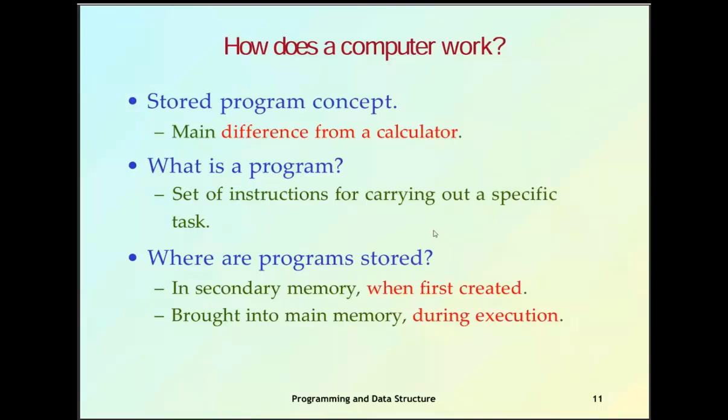The next question arises: if we are storing our program in a secondary memory, why is it mandatory to take that program to the main memory before execution? One can always argue that if we are storing a program in secondary memory, we can execute the program there itself. What is the point of having main memory and then taking the program again from secondary storage to primary memory? This will be an extra burden for us.